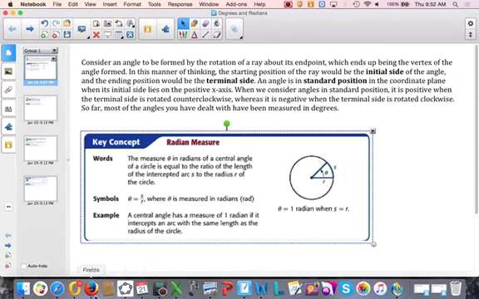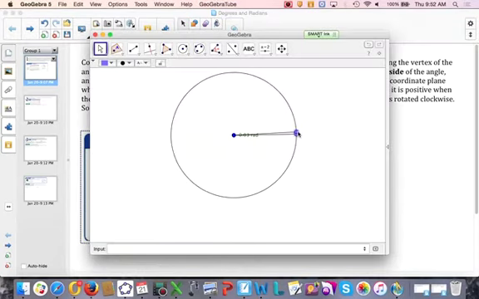I've changed my GeoGebra so that it's measuring angles in radians. So here is approximately 1 radian, which means that this length going around the circumference of the circle is equivalent to 1 radius of the circle.